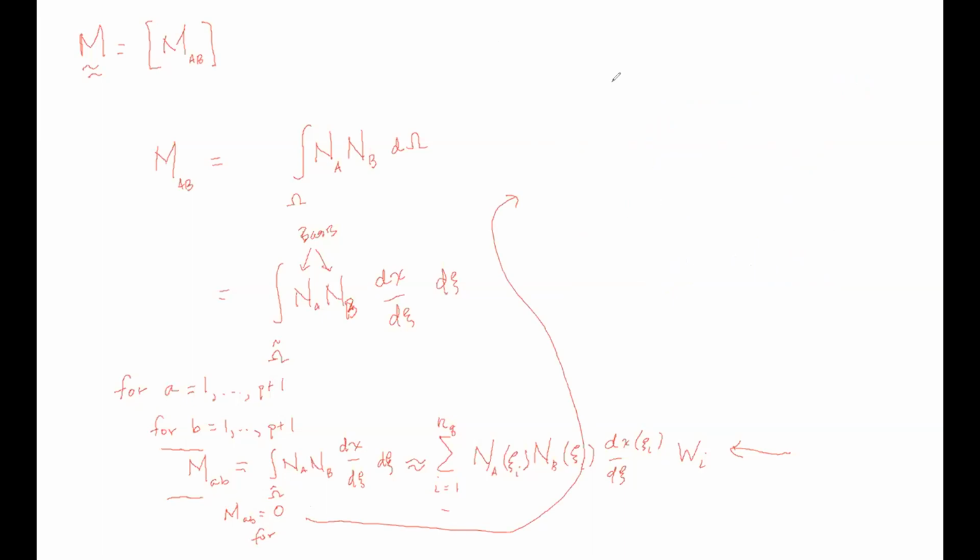We have our outer for loops for A and for B, and now let's say we have some variable, set it equal to 0, and then we have a for loop over i equals 1 to the number of quadrature points. And then inside, M_AB is going to be equal to M_AB plus this.